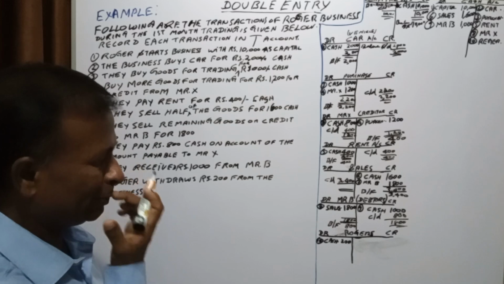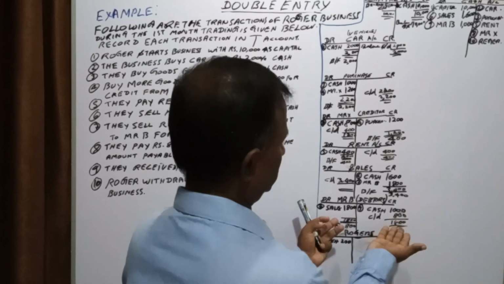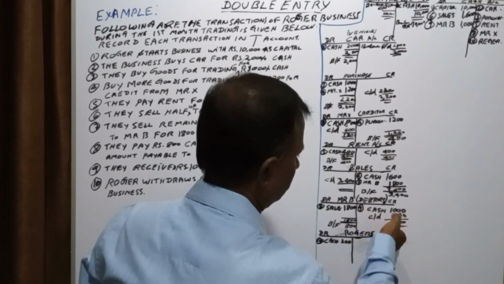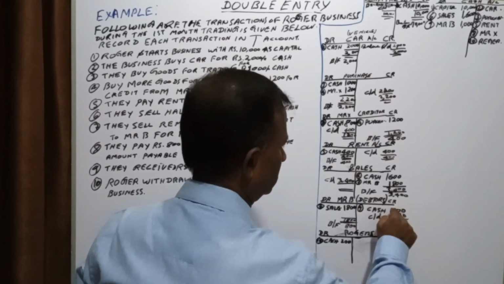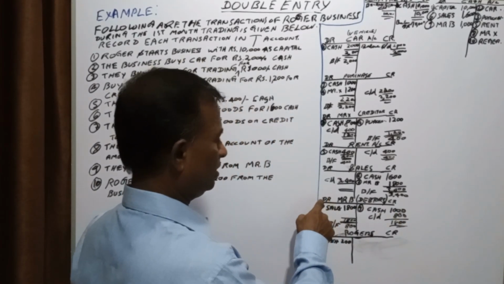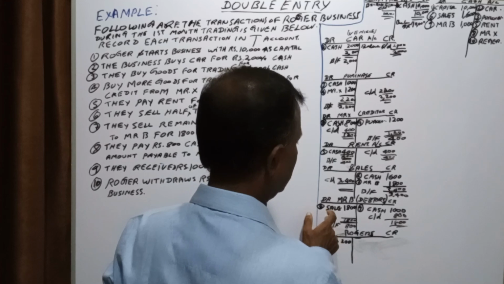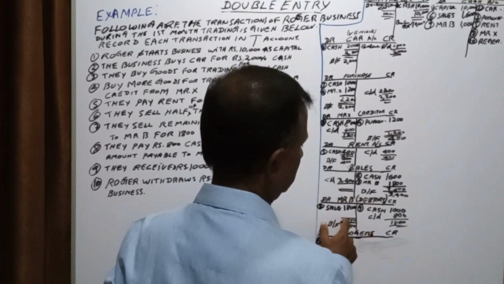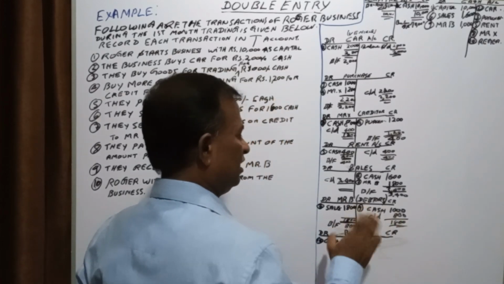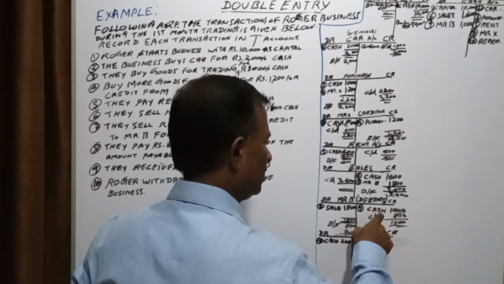This is the balancing method of the T account. When you are balancing, you have to see which side is more. That side you balance, 1,800. On the opposite side, the difference becomes the carried down: the difference is 800, so we put it as the carried down balance 800.